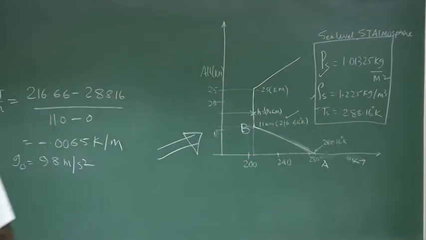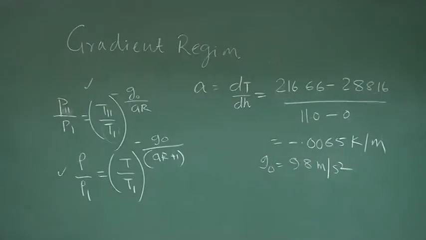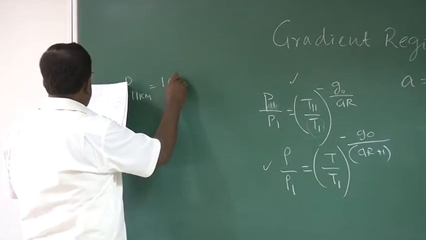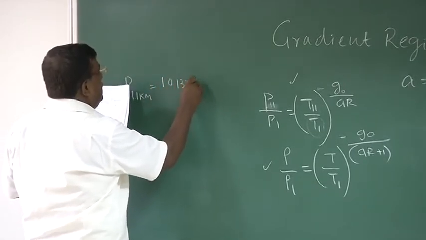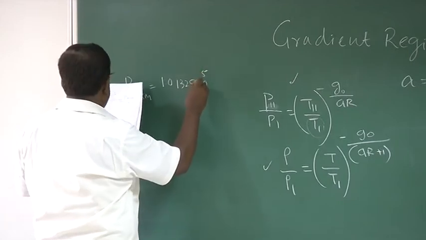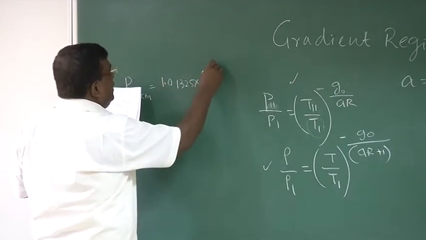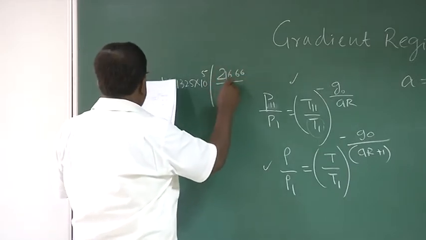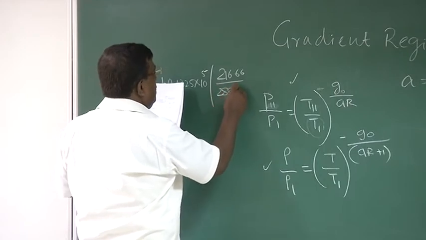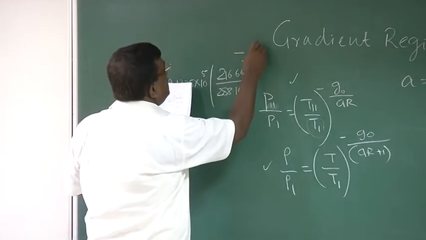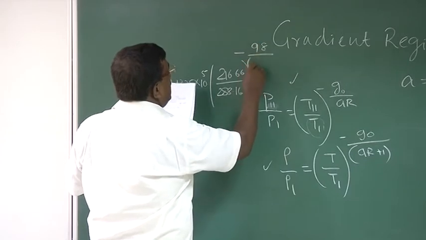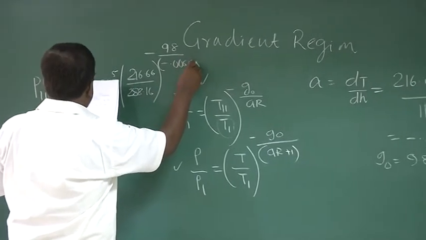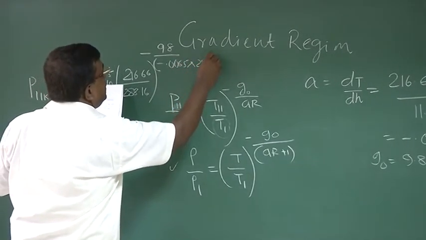216.66. So if I substitute this, what do I get? P at 11 kilometer is 1.01325 into 10 to the power 5, that is the P at sea level, into T, which is 216.66 divided by 288.16, to the power minus G0, which is 9.8, and A, which is minus 0.0065, into R, which is 287 in SI units.